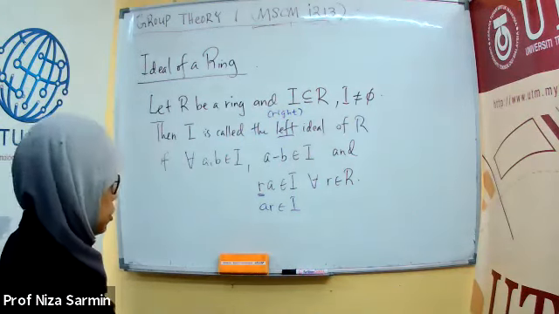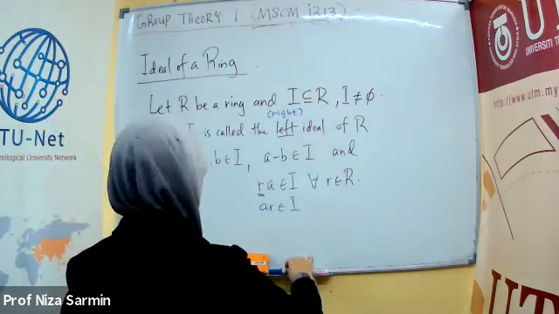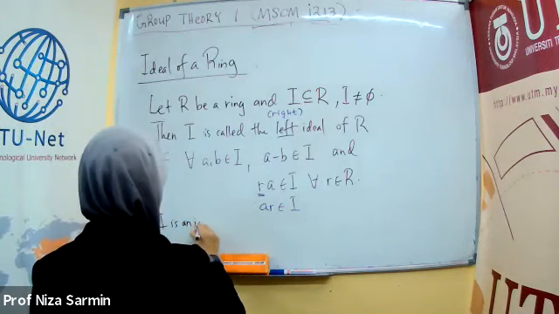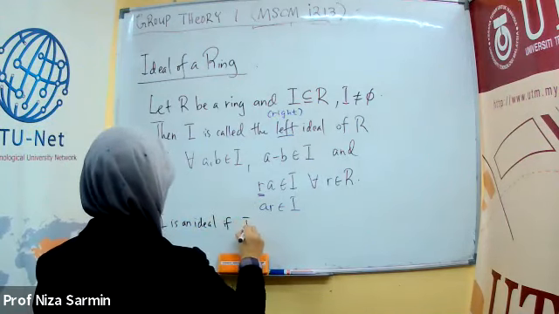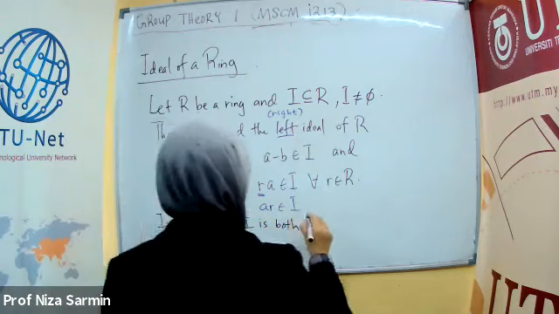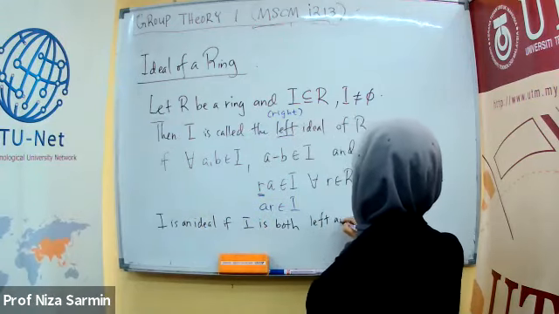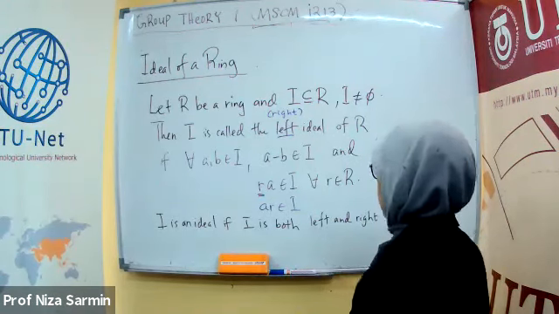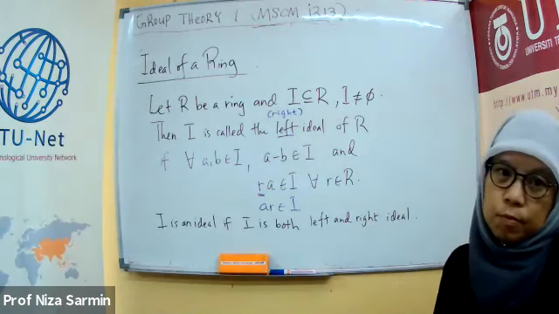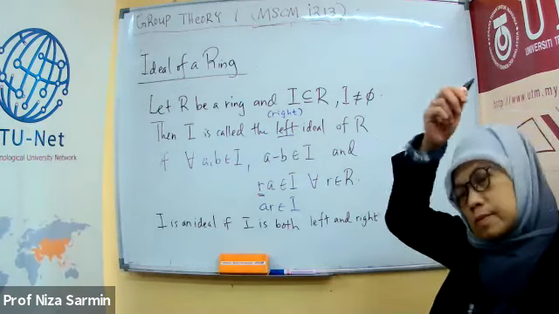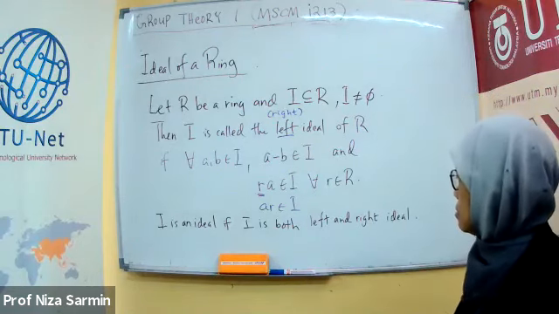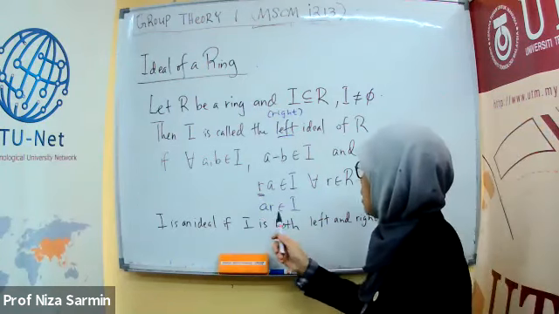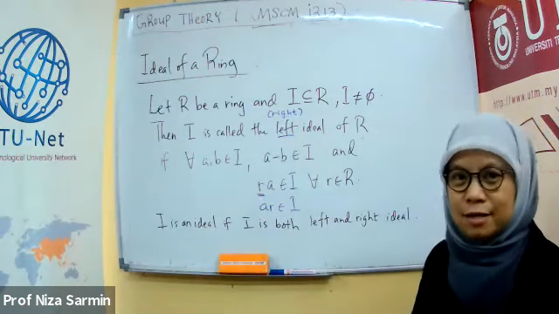Then if they are both left and right ideal, I is an ideal if I is both left and right ideal. Meaning RA is in I, AR is also in I.